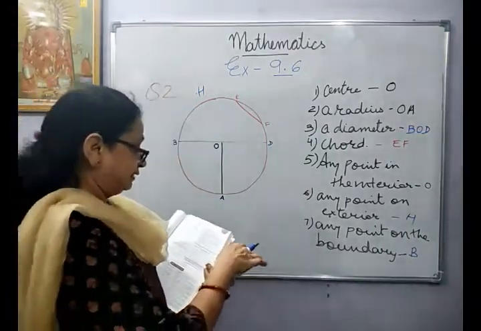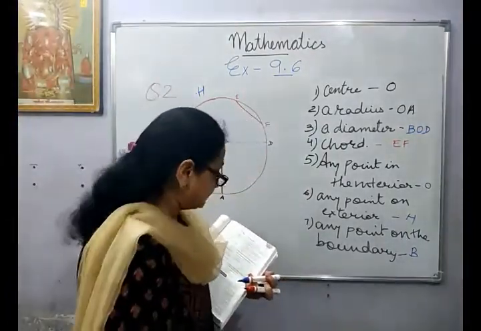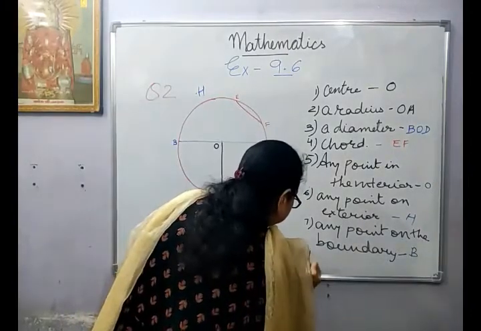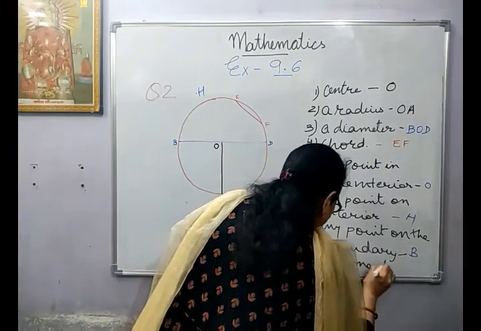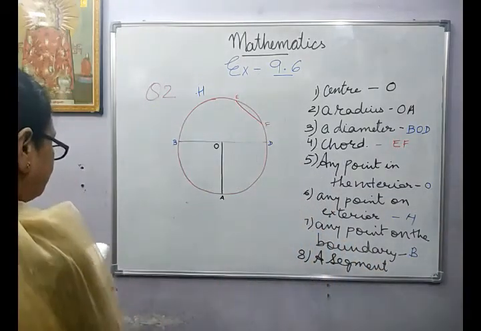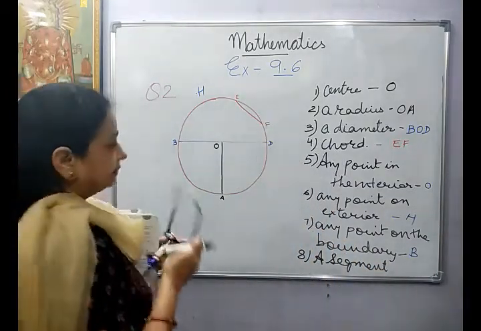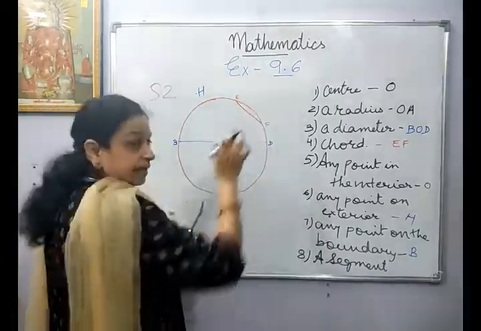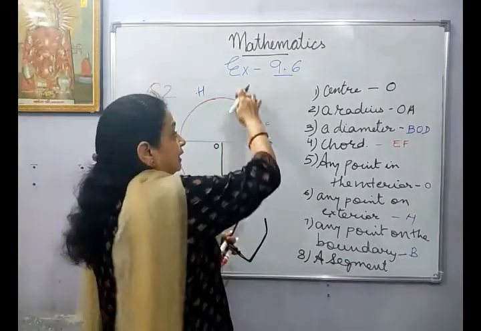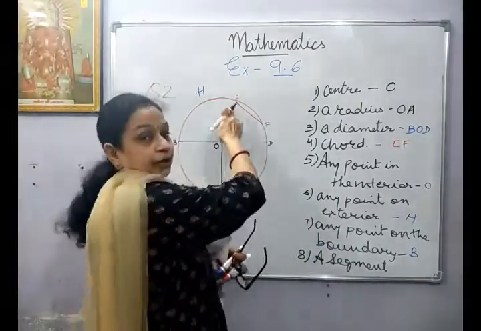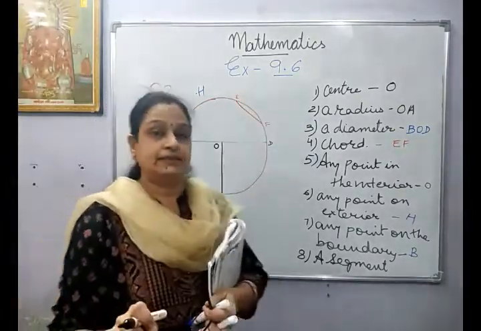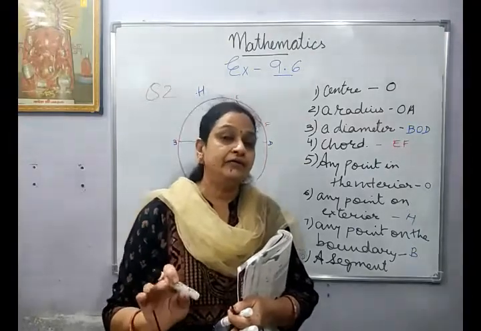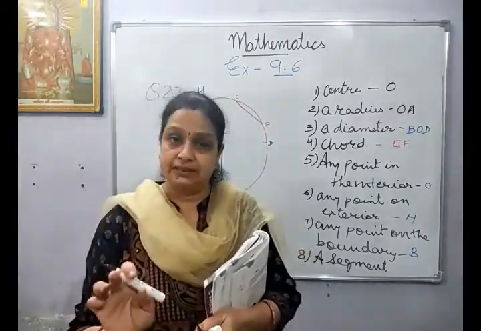Then a segment. Eighth one is your segment. Segment, children, as you remember, it is the area enclosed by the arc and the corresponding chord. Arc, if you remember, is the smooth curve on the circle.